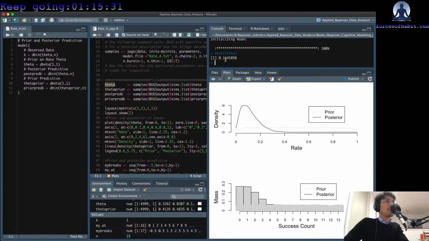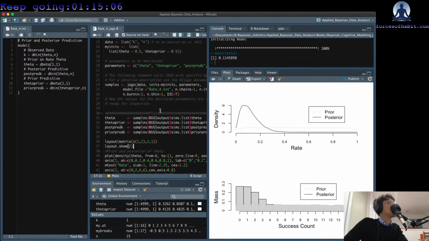The maximum likelihood for the posterior is like 0.1. So most of our successes then are going to be low, right? So out of 15 times, it's most likely we're going to see a lot more zeros and ones and twos, and then this trails off based on this particular posterior. Cool.